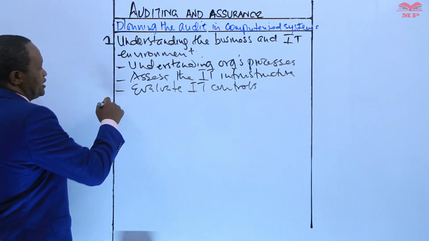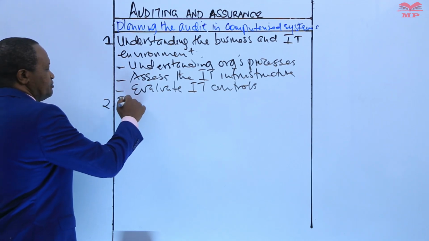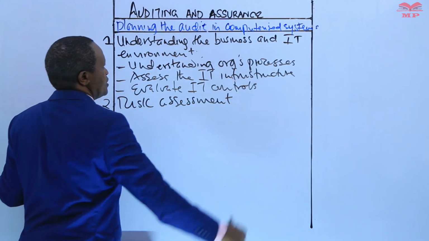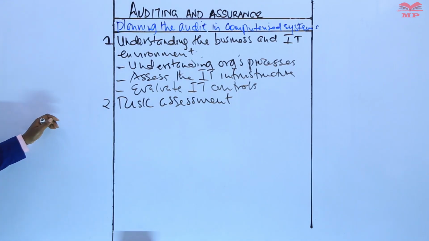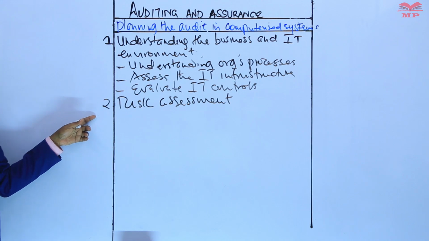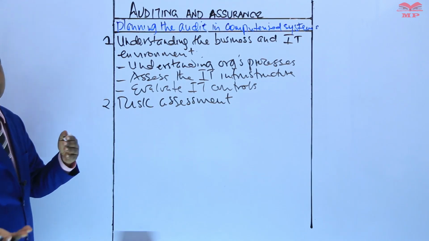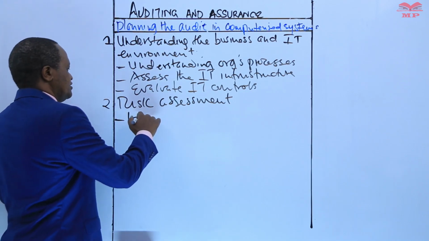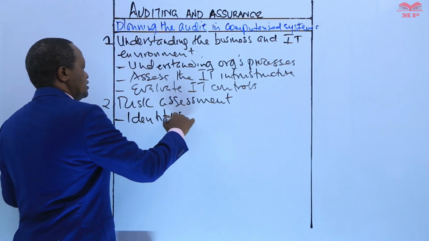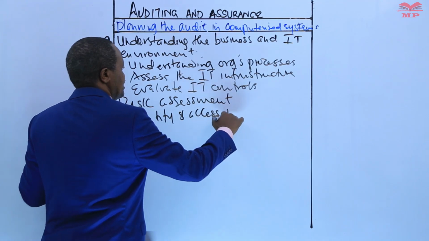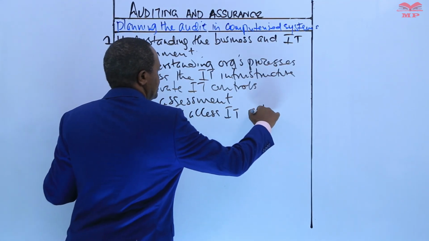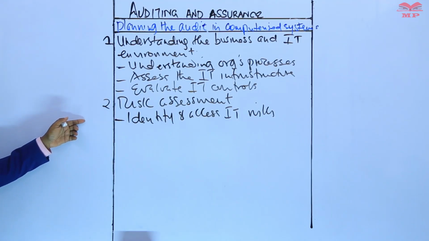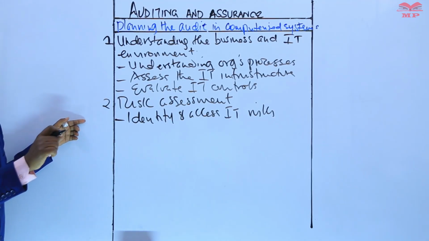The second step is risk assessment. When called upon to audit a computerized system, the second stage is to assess risks: identify and assess the information technology risks.